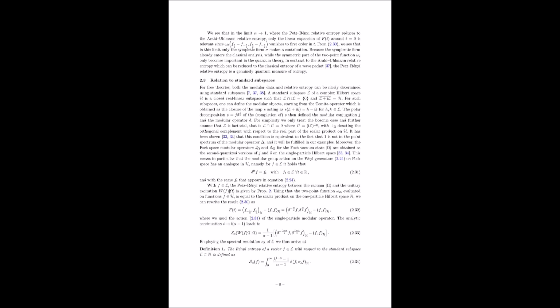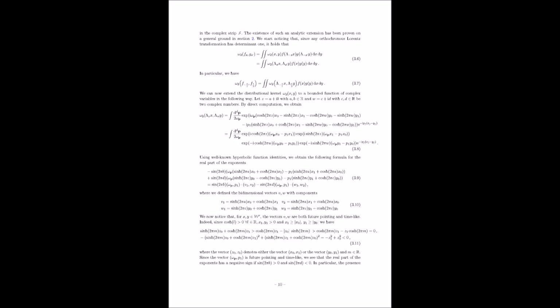And because it's part of the Petz-Rényi entropy calculation, this entropy is really capturing something unique about the quantum realm. So it's like a hidden indicator of quantumness buried within this measure of information. Exactly. Makes you wonder what other quantum phenomena might be hidden in there. What other secrets might it reveal about space and time and information in the quantum world? Those are the questions that drive us to keep researching.